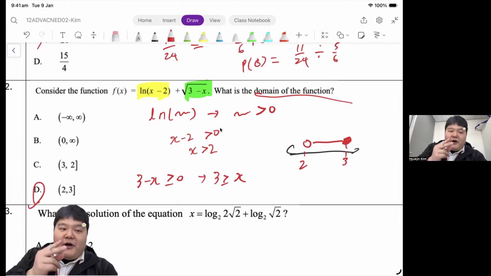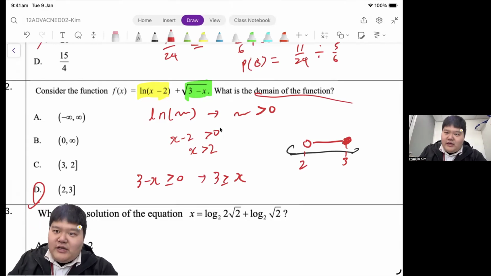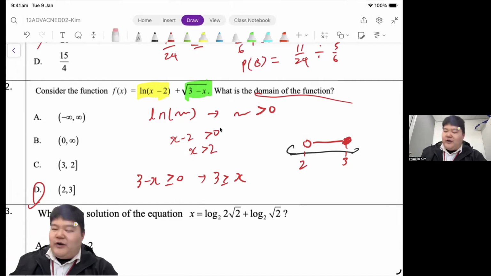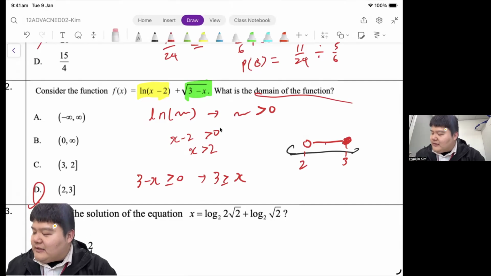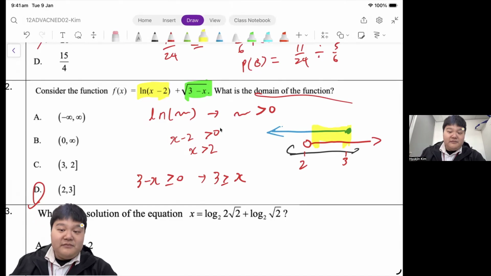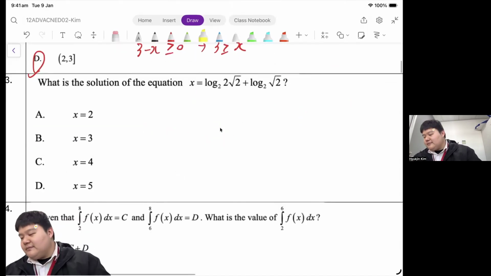For multiple functions in the same equation, you will think to yourself, oh, it has to be an overlap of both. Another way to think about this might be: it has to be greater than 2, anything greater than 2 goes, and also it has to be less than or equal to 3. Boom. That means the overlap only exists here. Okay, that's another way to think about it.